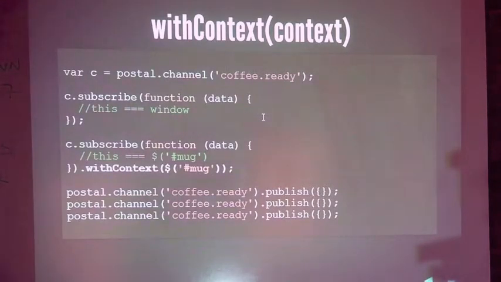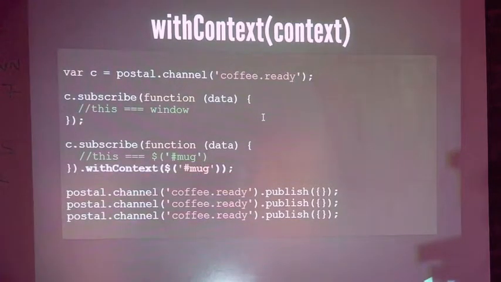Does that chain? In other words, if you set the withContext, will that propagate through all the other modifiers you chain after that? Yes, they keep that as well, I believe so. What if someone else subscribes to the postal channel coffee.ready? They're going to get an interesting this object.